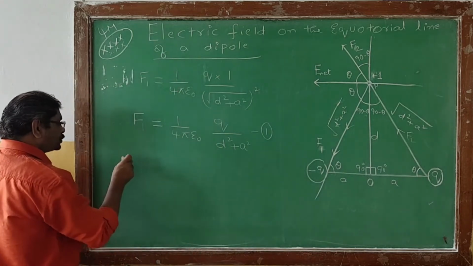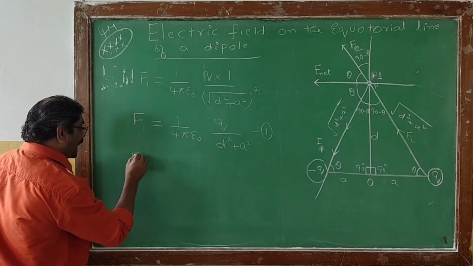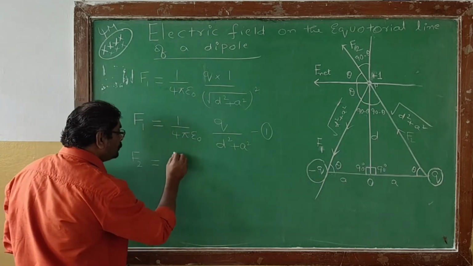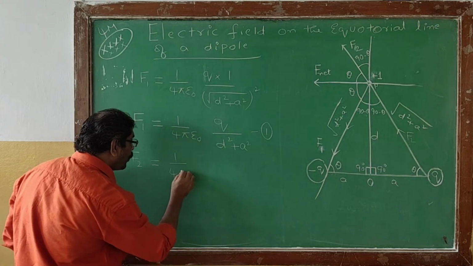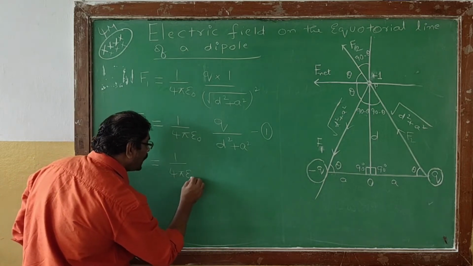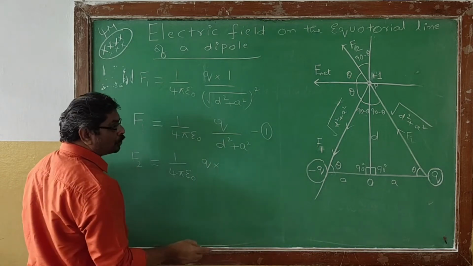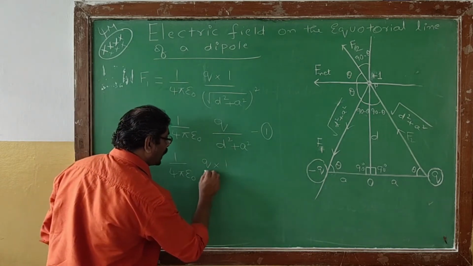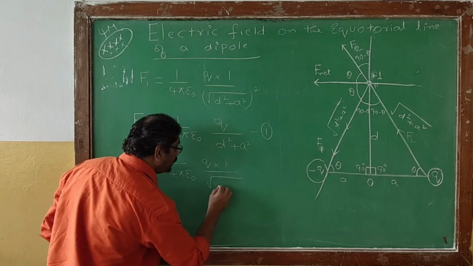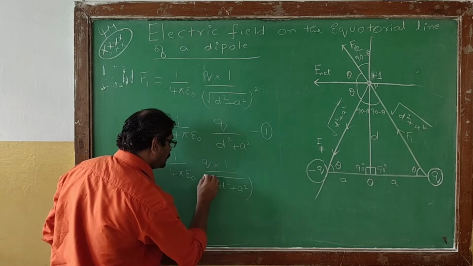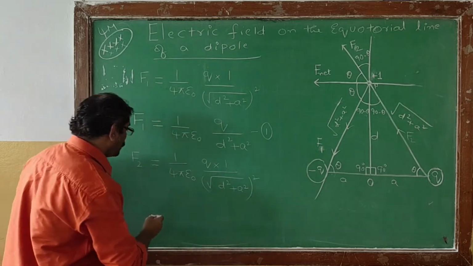So therefore now I can write the magnitude of F2 will also be equal to 1 by 4 pi epsilon naught multiplied by q into 1 divided by under root of d square plus a square, whole square.